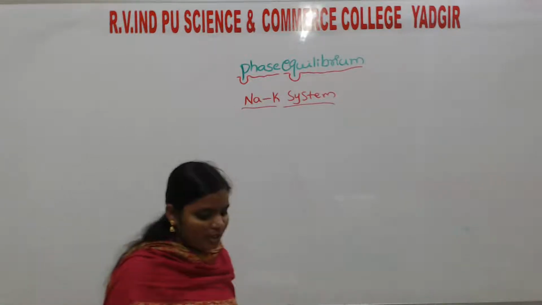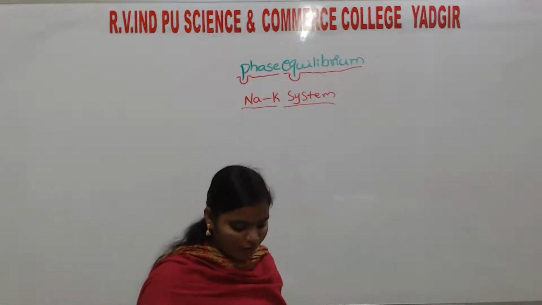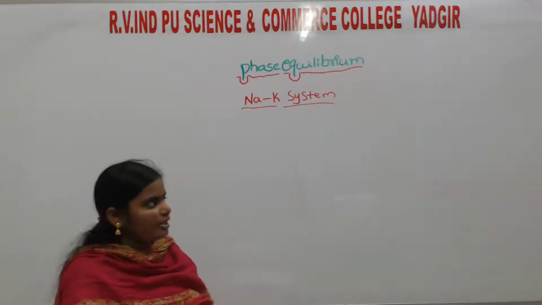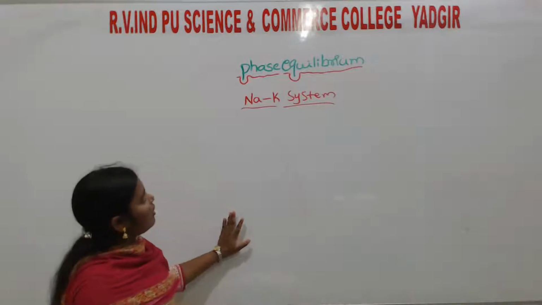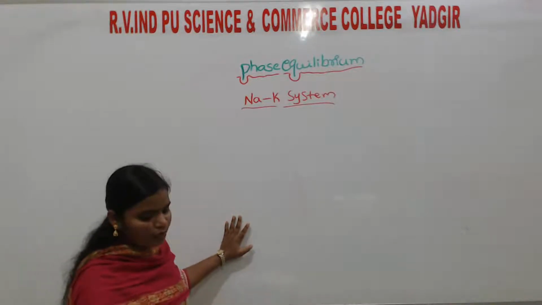Here the system consists of 4 phases. You see the phase diagram; draw a phase diagram with the 4 phases.